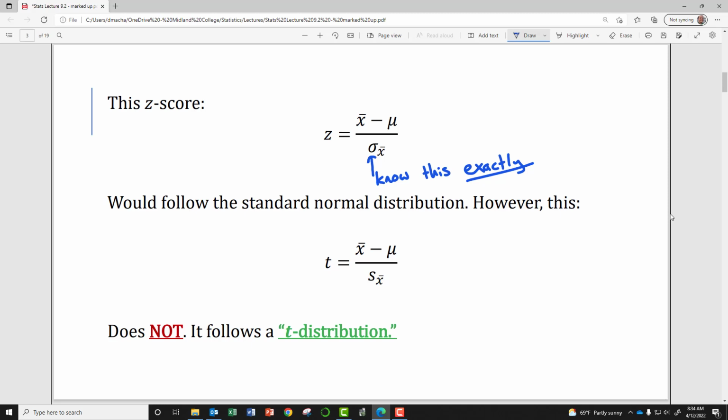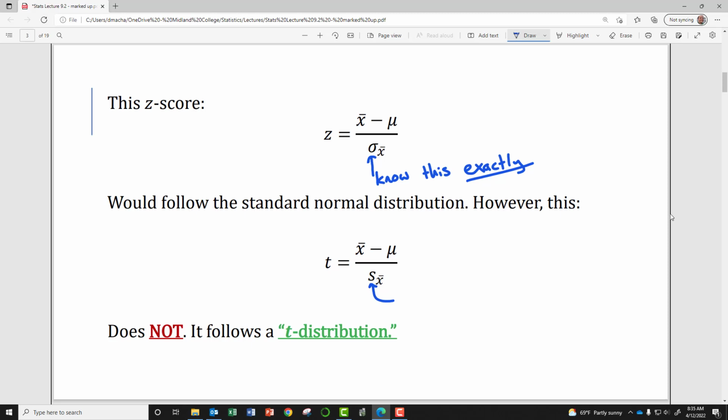However, in practice, we don't know the exact parameter for the standard deviation, right? So whenever we take a set of data, we take a whole bunch of measurements about some random process, we can calculate a sample standard deviation.